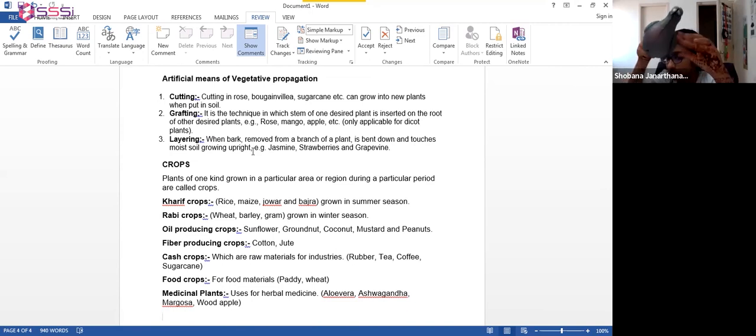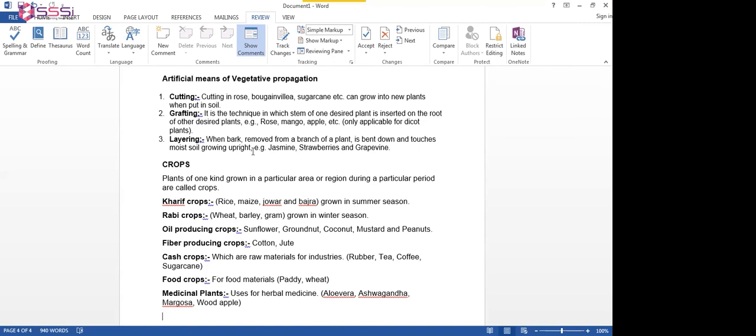So this is the bark. The branch slightly comes down and touches the ground, a new plant will grow from it. So one plant is here, from that itself another plant will grow. So for example, jasmine, strawberries, and grapevine.